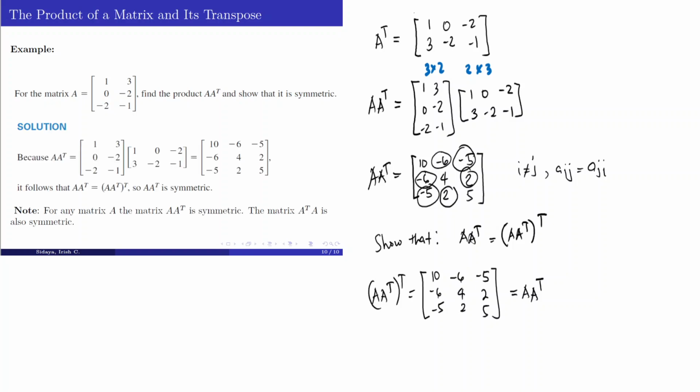So note that for any matrix A, the matrix A transpose A is also symmetric. Okay, so that's the end of our discussion for lesson 1.3, the matrix operations and their properties.